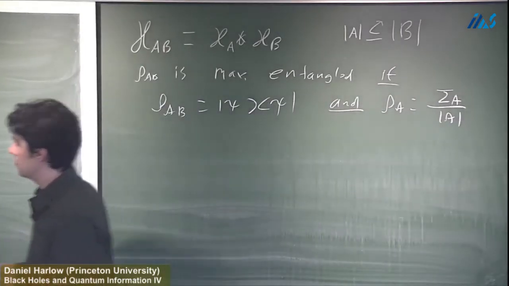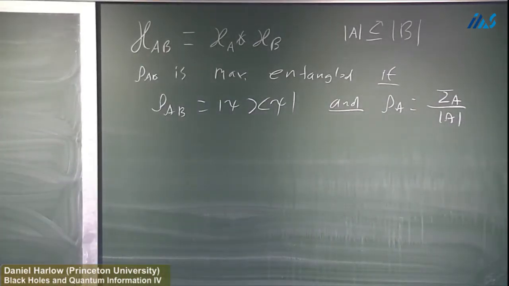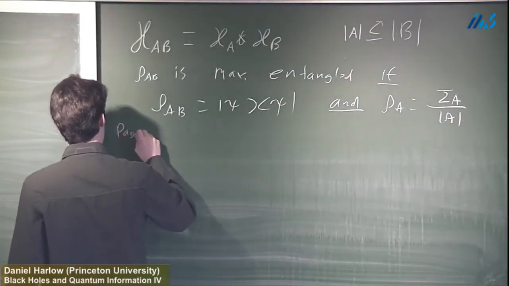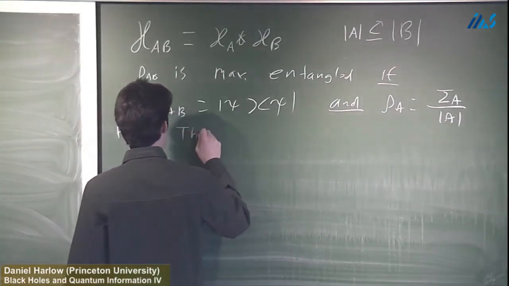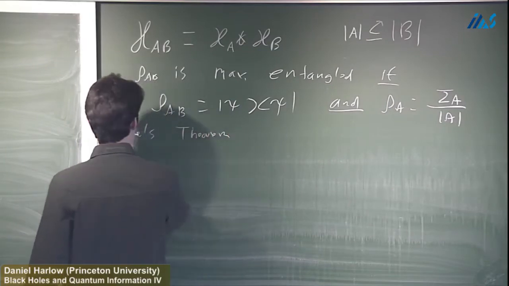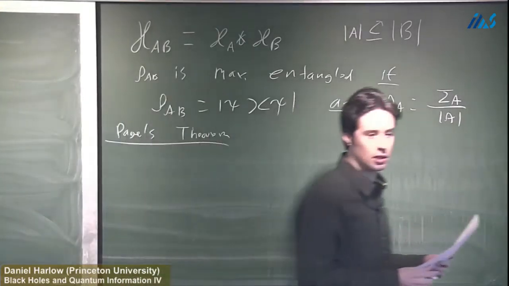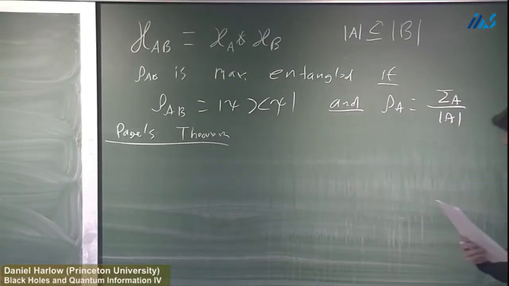So now there's a theorem about this, which is due to Page, so it's called Page's theorem. And of course, Page was proving his theorem because he was curious exactly about this decomposition and trying to plot the Page curve. But I'm just going to express the theorem abstractly, and then we'll apply it to the black hole.